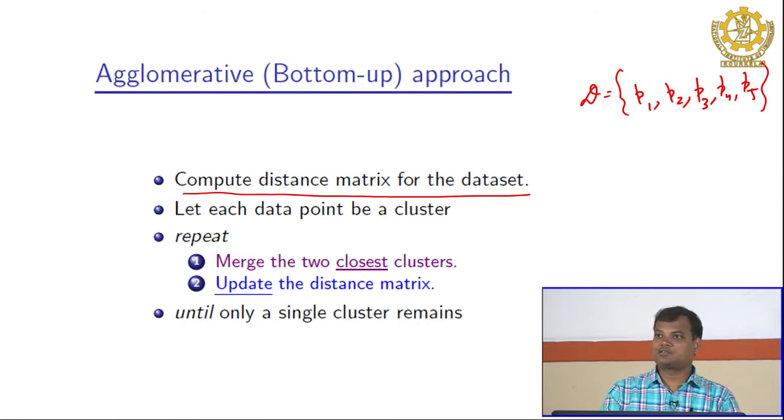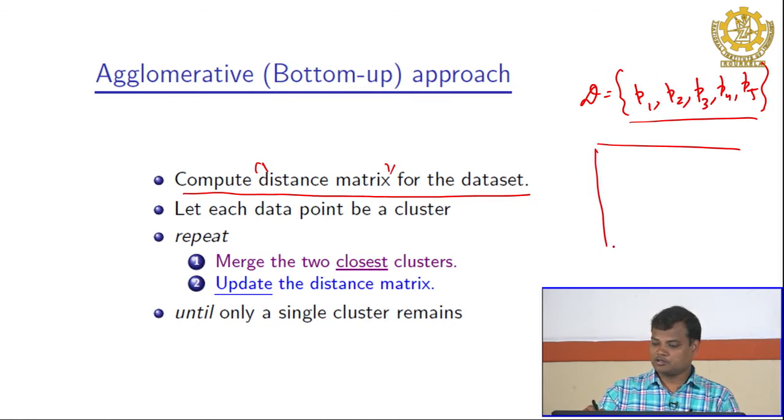So, you have 5 points. What is the task? The task is to find the distance matrix. The distance matrix represents the distance from one point to all other points. I think I covered this earlier in the class. Here there are 5 points, so from each point to all other points you have to find the distance. We compute a square matrix of size 5 cross 5.